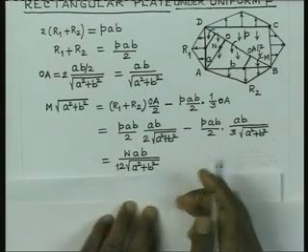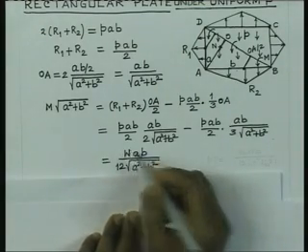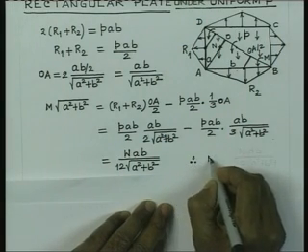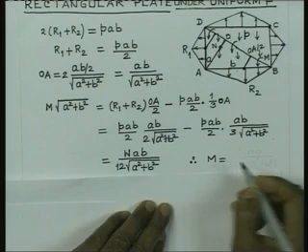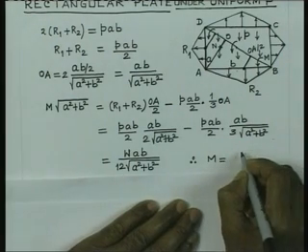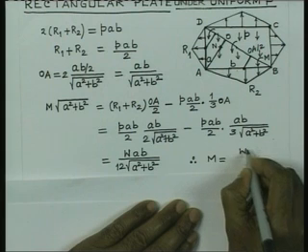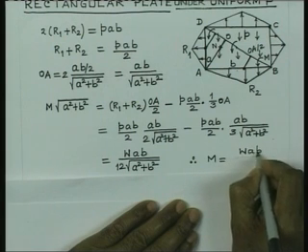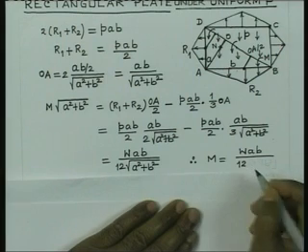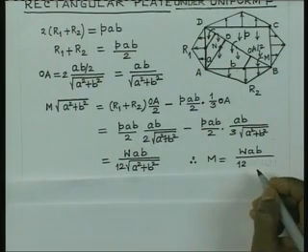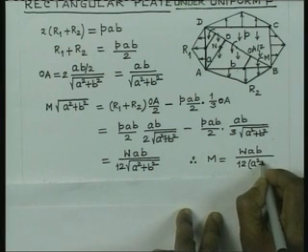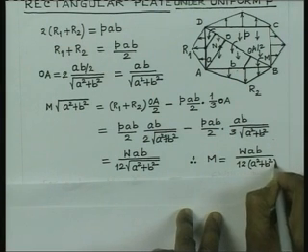So, that is the total load due to P, and hence M, the intensity per unit length DB, is nothing but WAB by 12 times A square plus B square.